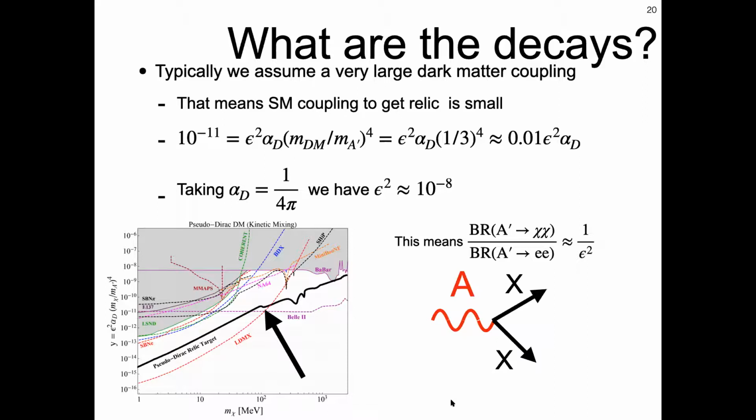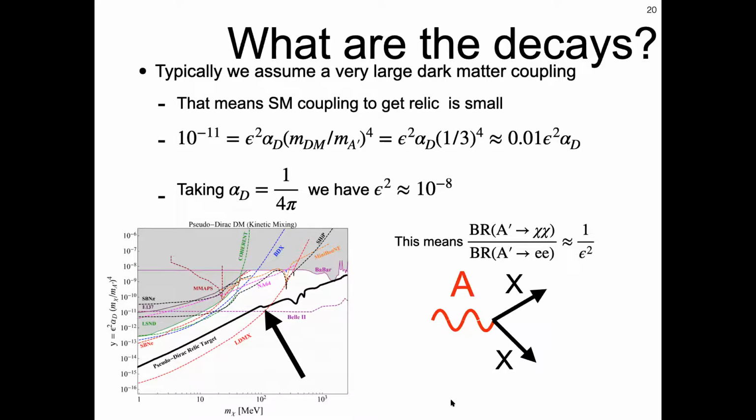And just to put some numbers to this, we can take 10 to the minus 11 on this plot, which is the relic density here for these units. You can simplify these values, and 10 to the minus 11 translates to epsilon squared alpha dark times approximately 0.01. So what does that mean? Well, if we take alpha dark to just be 1/4 pi, that means epsilon squared has to be 10 to the minus 8.